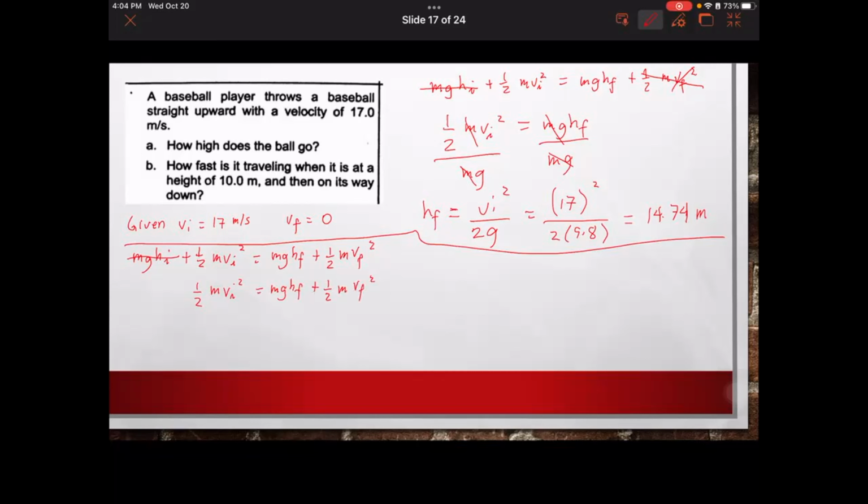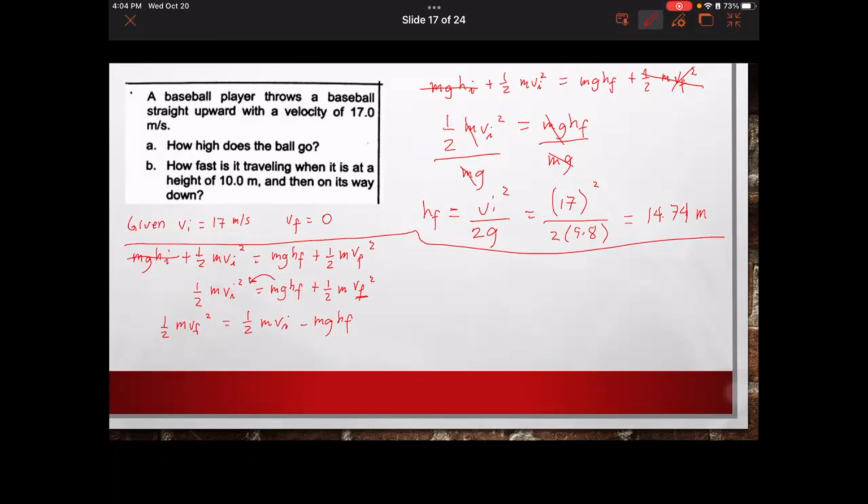Since kinukuha natin yung vf, yung final velocity, lilipat natin ito dito. So magkakaroon tayo dito ng 1/2 mvf squared is equal to 1/2 mvi squared minus mghf. Sundan po ba? Ayan, inaayos pa lang natin yung formula natin.